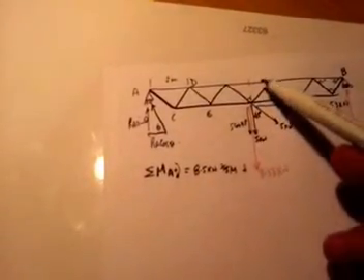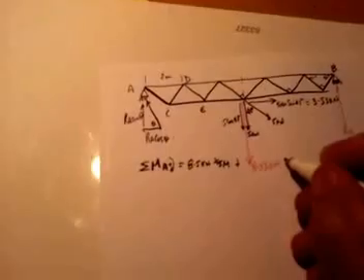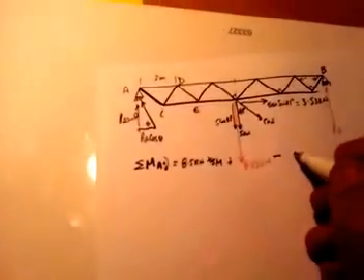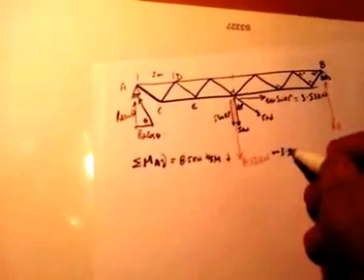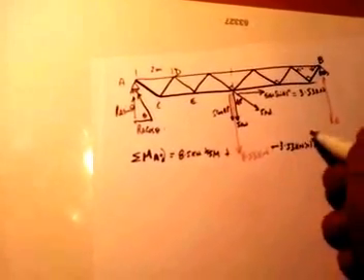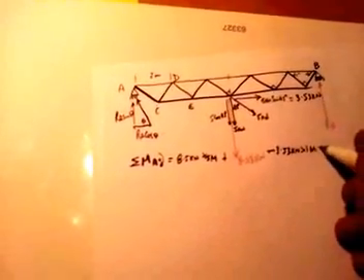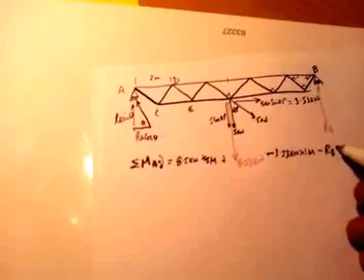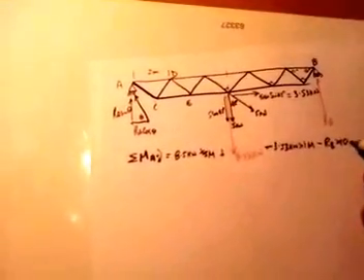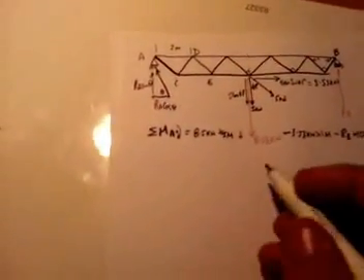It's acting 1 meter away from the pivot point at A, so it's going to be acting in an anti-clockwise direction, so it's going to be minus. So 3.53 kilonewtons times 1 meter, because that's the depth of the truss down here. And lastly we've got minus RB multiplied by the full length of the truss, 10 meters. And all that equals 0 because it's in equilibrium, so the sum of the moments has to be zero.